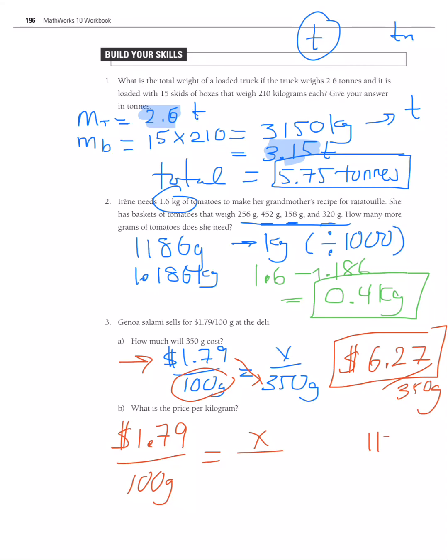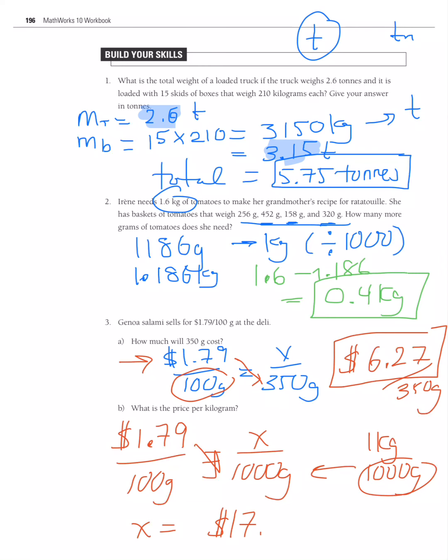So we go back to the beginning. We'll start with our same ratio here, 179 for 100 grams. And then how much for 1 kilogram? Now, 1 kilogram is 1,000 grams, so I'm going to plug that in instead. Then it's in the same units, it'll work out nicely. So 1,000 times 179 divided by 100, and I get x is equal to 1790 per kilogram.